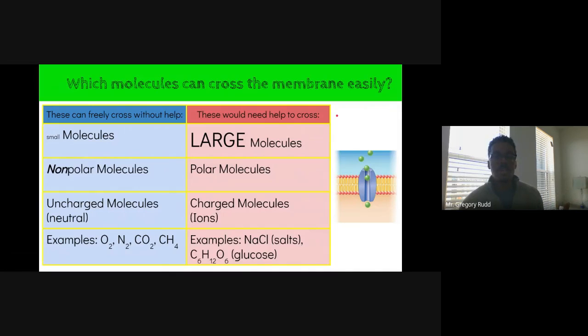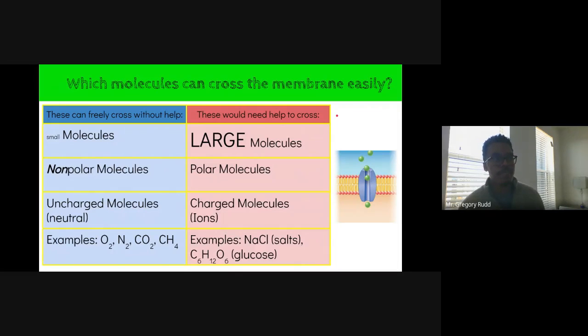These tend to be small, nonpolar, and neutral particles, such as oxygen, nitrogen, carbon dioxide, and CH4, which is methane. So small molecules can fit through those hydrophilic heads and make their way through the phospholipid bilayer pretty easily.